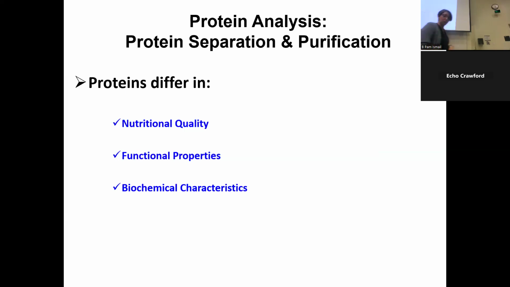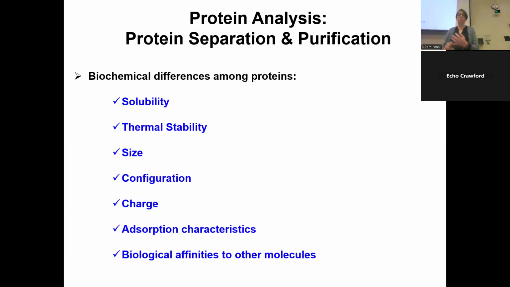So what are these biochemical characteristics? Their solubility under different conditions, their thermal stability, the size, how big the protein is, the configuration, is it tertiary structure, is it an open structure, is it quaternary structure? Charge, what charge does it carry at different pHs?